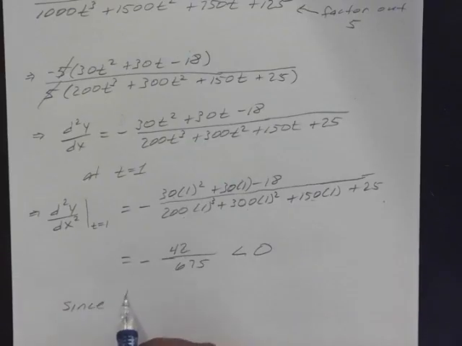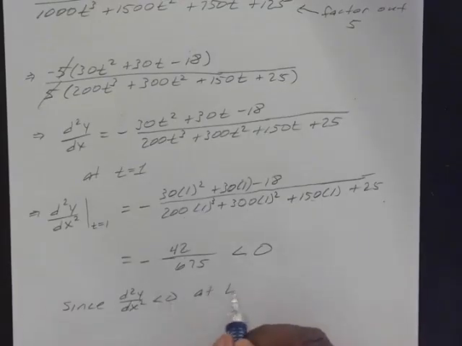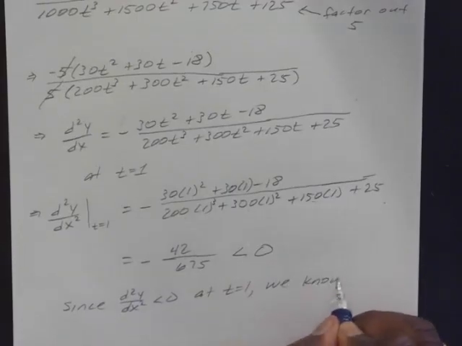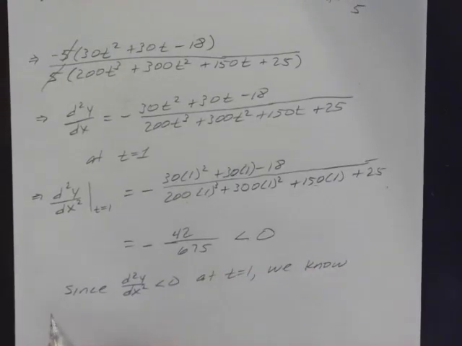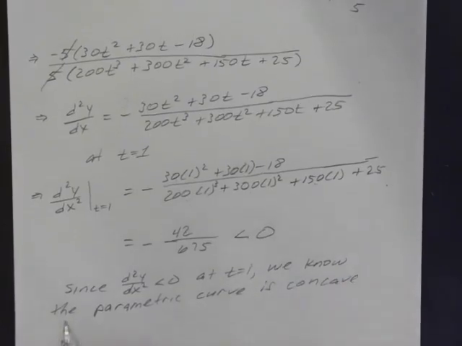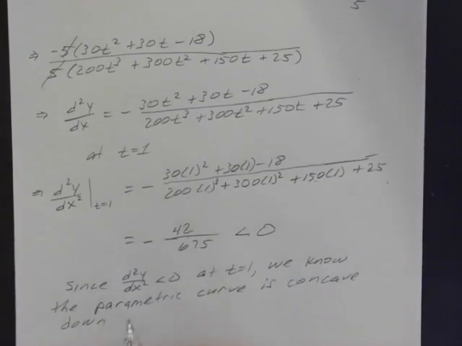Since the second derivative is less than 0 at t equals 1, we know the parametric curve is concave down at t equals 1.